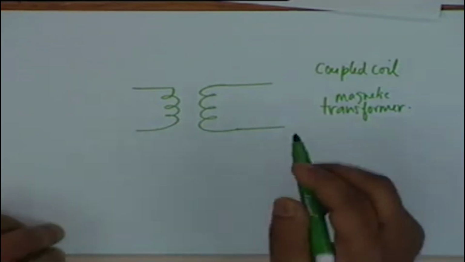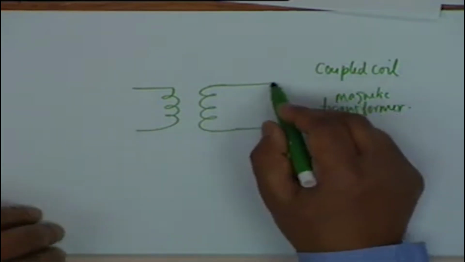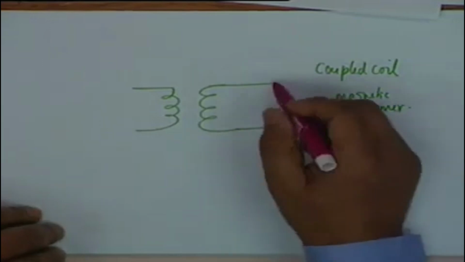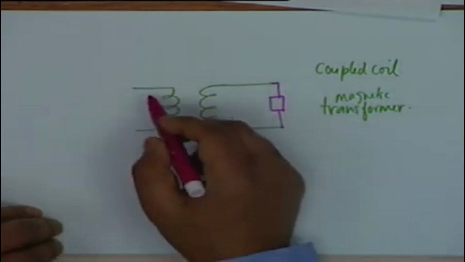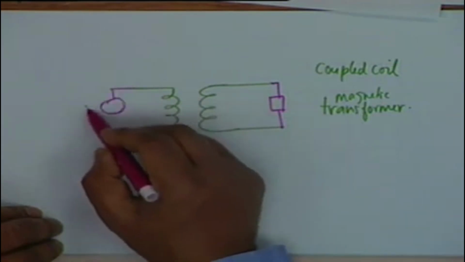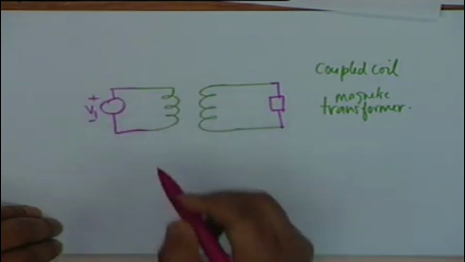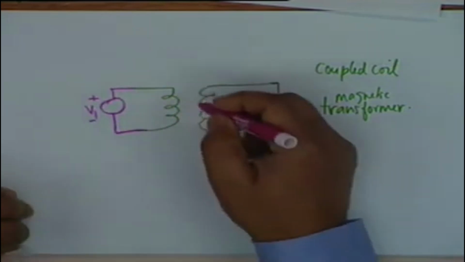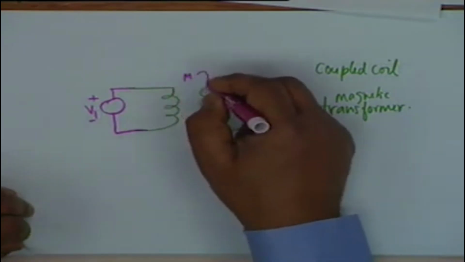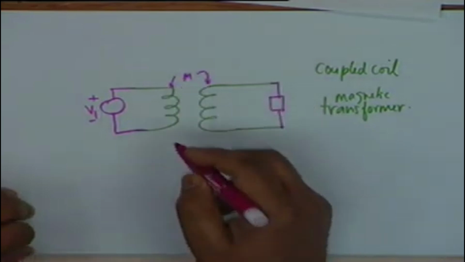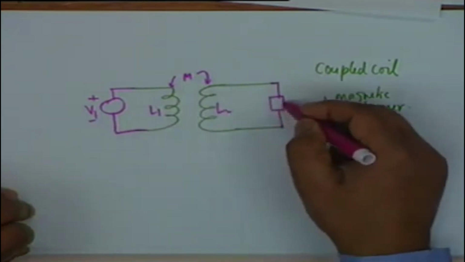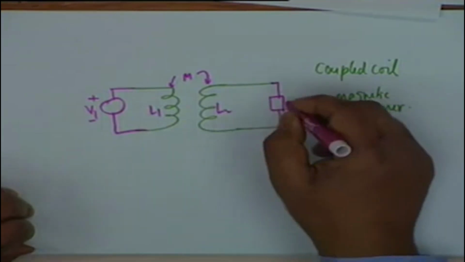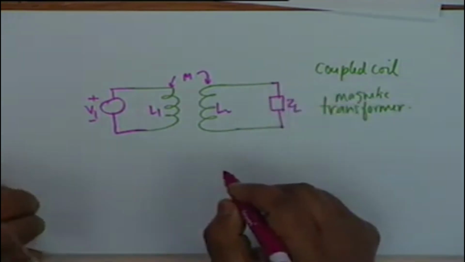All right. Suppose that we connect a transformer like this, and we have a voltage source here, V1. The mutual inductance is M, this is L1, this is L2, this could be capacitance, resistance, or whatever it is, let us call it ZL.